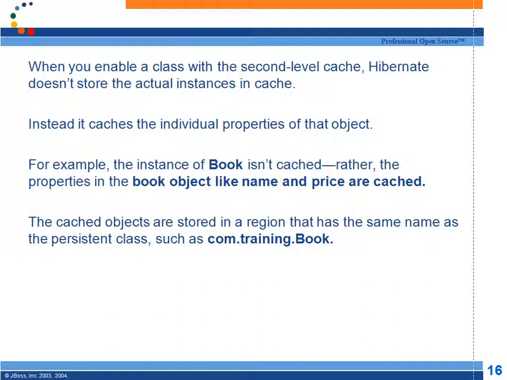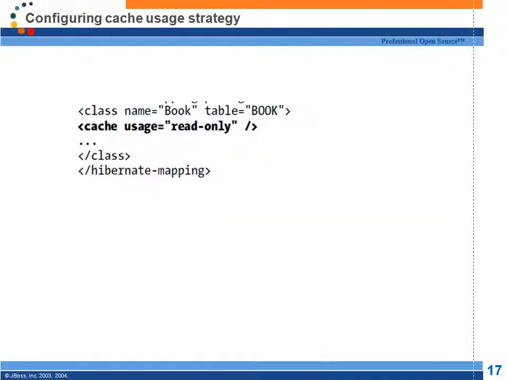The cached objects are stored in a region that has the same name as the persistent class, com.training. Right. So to enable caching for an entity, you have to use a tag called cache, usage equals read only. What is this read only? This is nothing but the transaction strategy which I showed you.